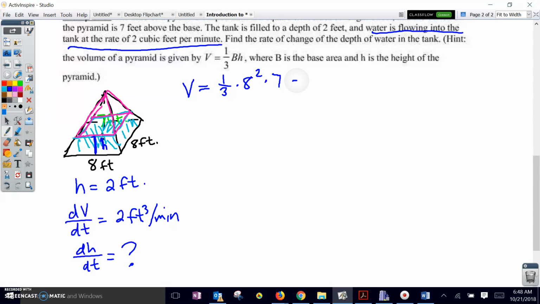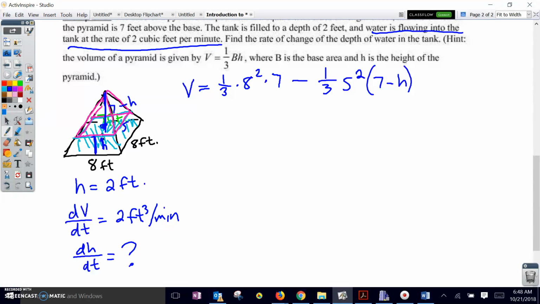And we're going to take away from that 1/3, and if I call this dimension S, and then this dimension right here from the top of the water to the top of the tank is 7 minus H. So then the volume of the air in the tank is 1/3 S squared times the quantity 7 minus H.